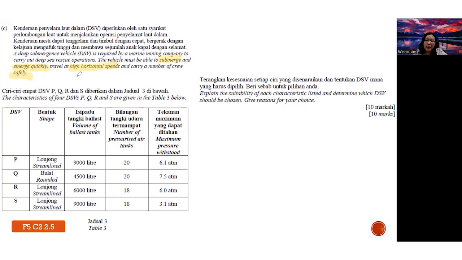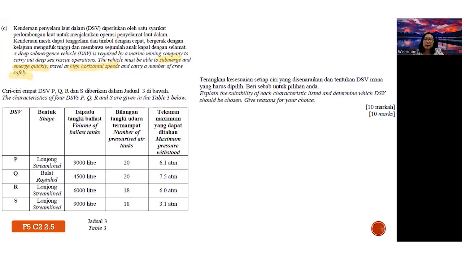Okay, so when you highlight this, you also tell yourself, when you give reasons, do not repeat the explanation by using all the given terms in the question, because students have the tendency to give all this as a reason back. Okay, so the characteristics for the DSV, P, Q, R, S are given in this table.